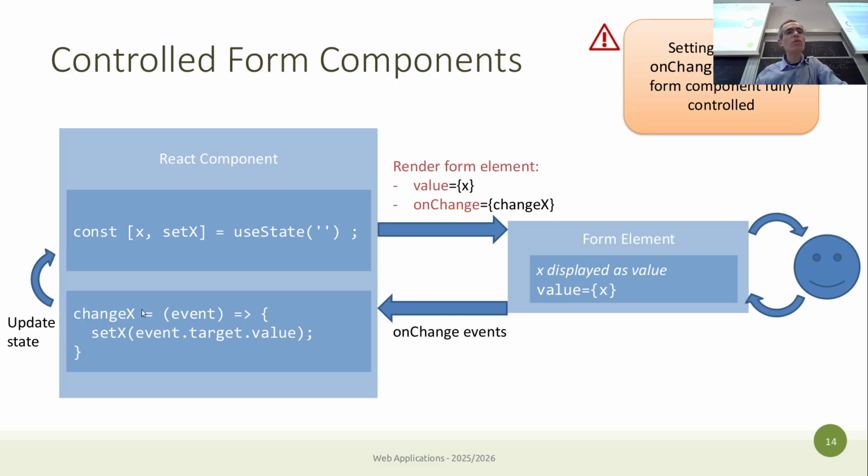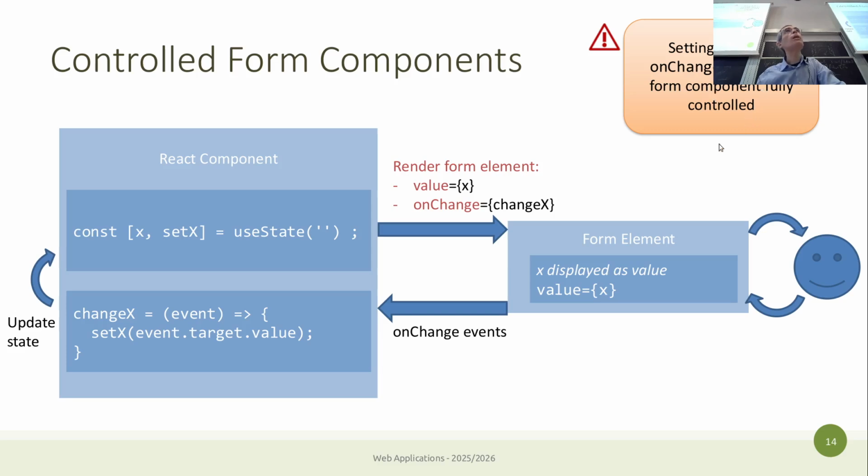So you need to capture this onChange event and change the value of the state, so that the state in turn changes the appearance of the form element. That's the way in which controlled form components work.